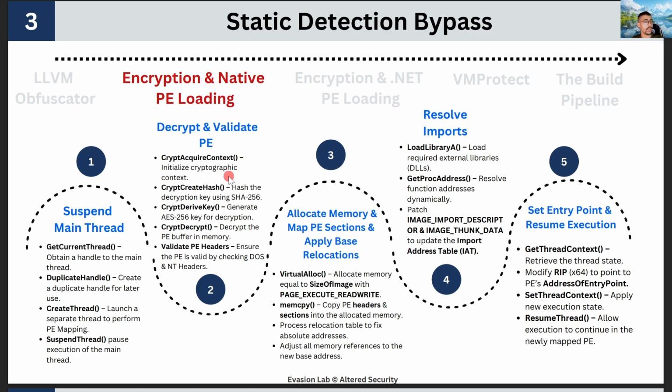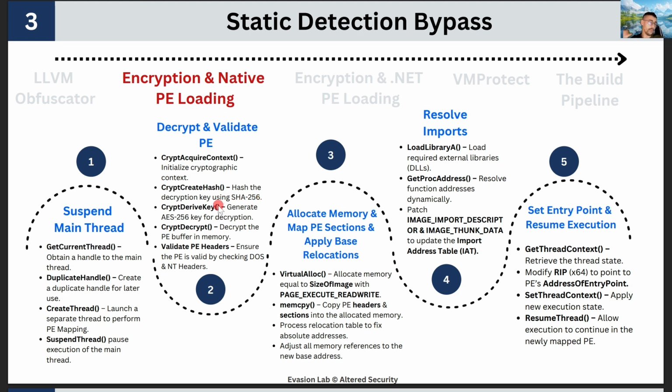To do so, we will call CryptAcquireContext, which will initialize the cryptographic context and functions, and call CryptCreateHash and use the decryption key that we have to generate a hash using the SHA-256 algorithm.